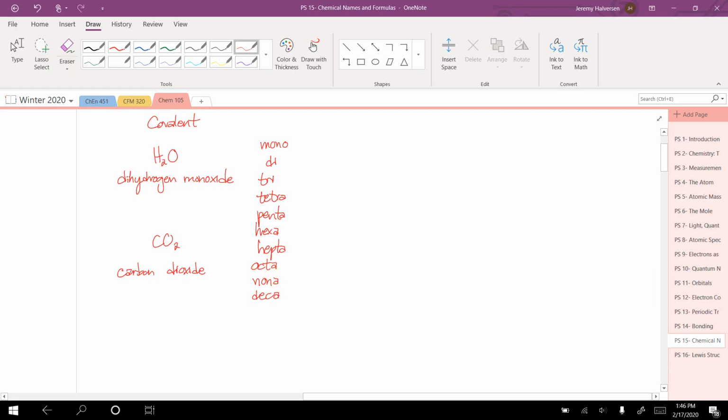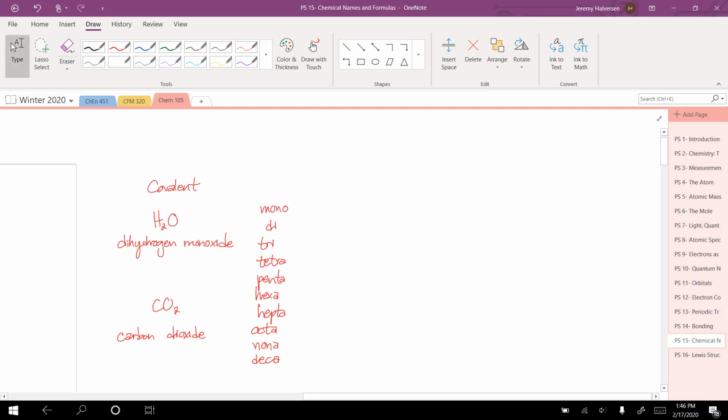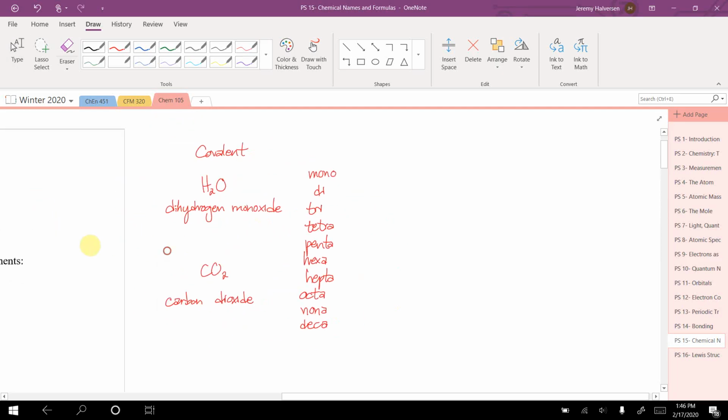That's in case you're labeling something that starts with a consonant, like decacarbon or nonacarbon. But if I'm labeling something that starts with a vowel, like oxide, like here you can see monoxide, sometimes we just take the vowel at the end of the prefix and replace it, or just kick it out, and you just use the vowel. Really, whatever sounds natural is a good rule for how you use those prefixes. Alright, so that's how you name covalent things.